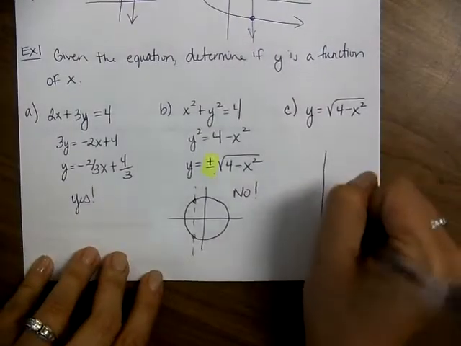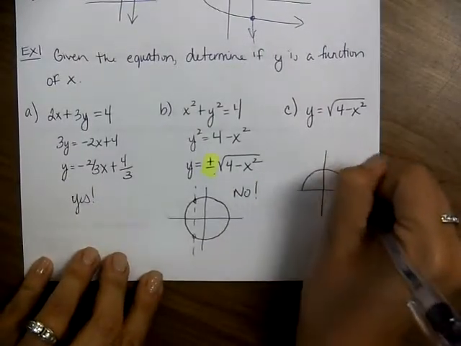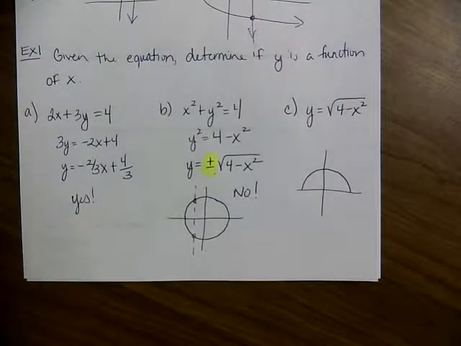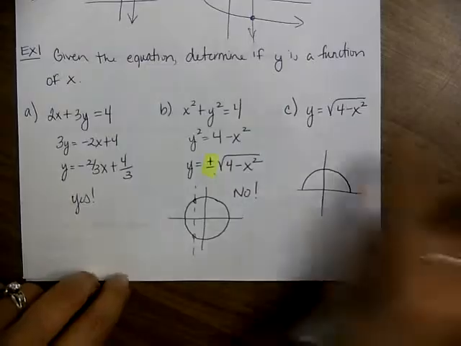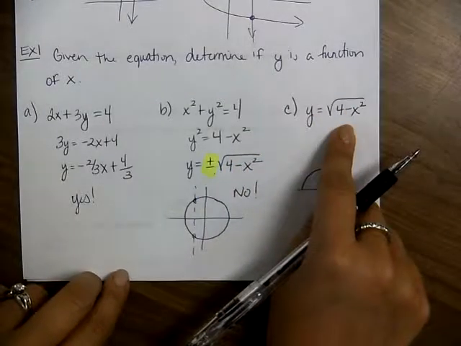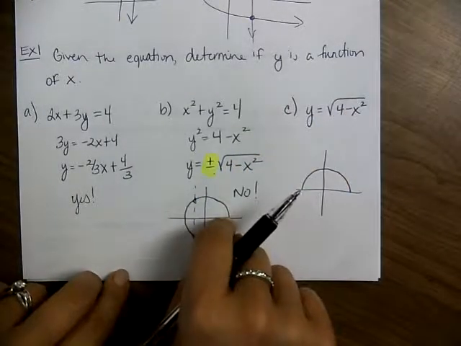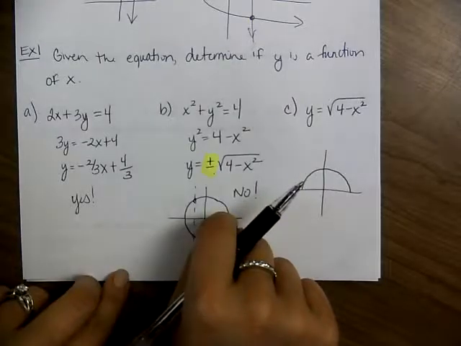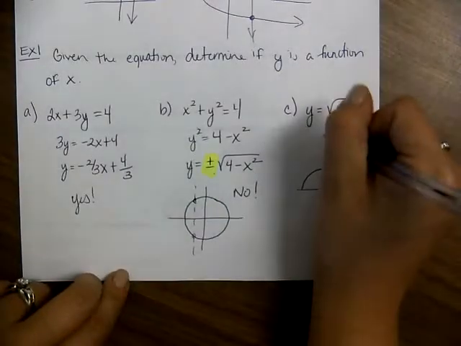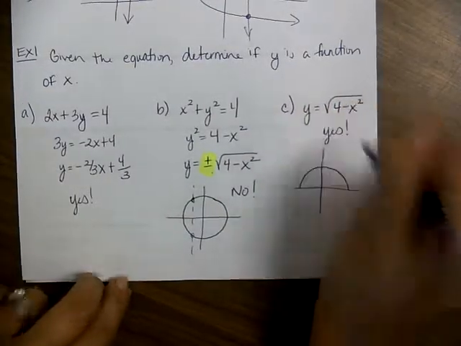So what's happening here in terms of the graph means I really am just looking at that top half of the circle. Okay, well, when you draw a vertical line, is it only going to hit at one point? So this is a function. Do you see the difference between these two? Okay, one has that plus or minus. Anytime you see that plus or minus, it's not going to work because it's producing two values of y. So this is a yes.